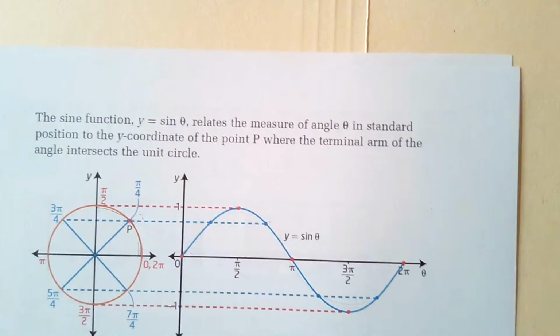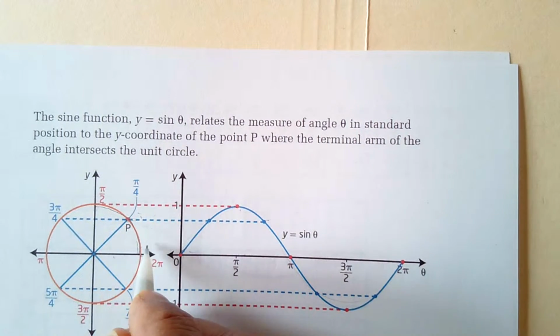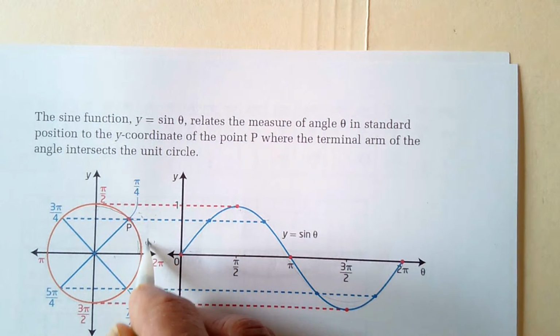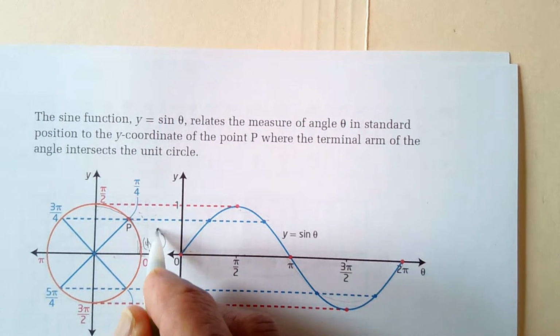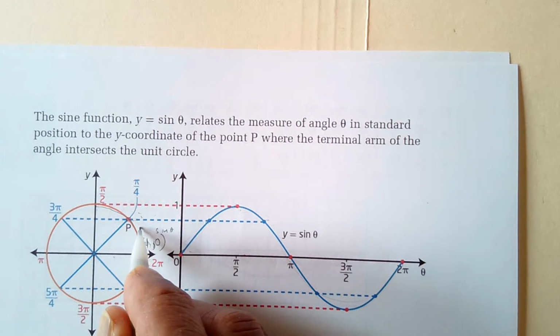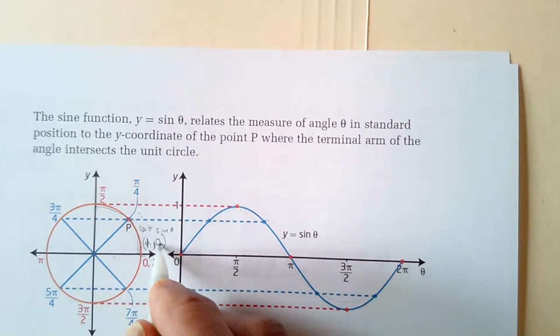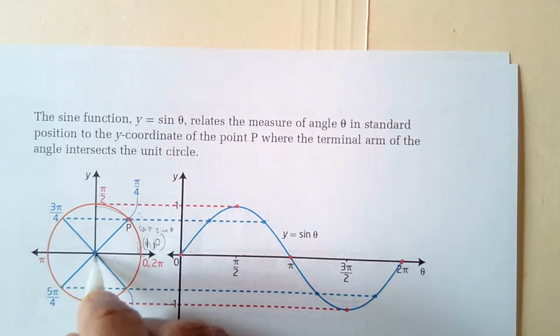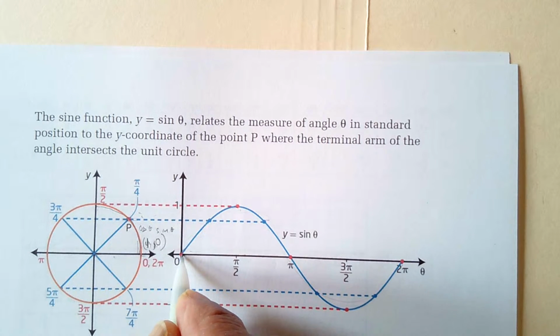If you go back to our sine, sine of 0 is 0. Remember your x value on the unit circle is cosine theta, and your y value is sine theta. So when x is 0, sine is 0.